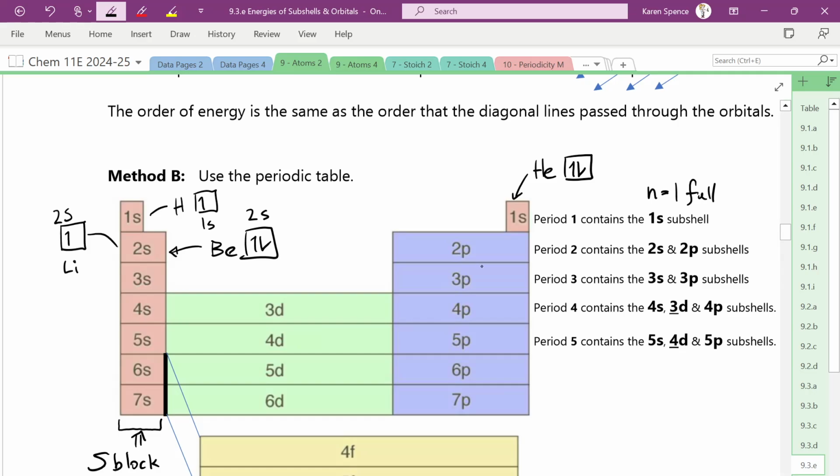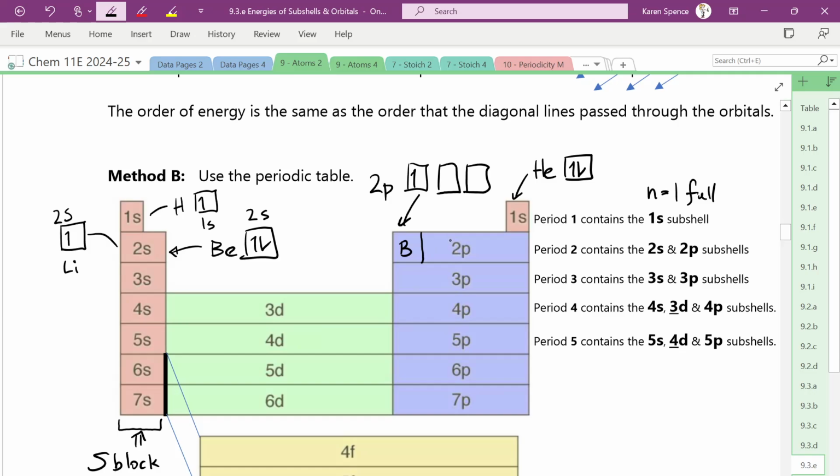If we're over in the P block, like let's say we had boron, right? Boron would have its 2p subshell. Boron would look like that, and that would be 2p1, right?